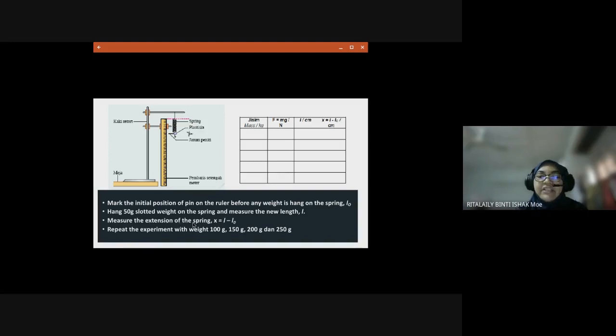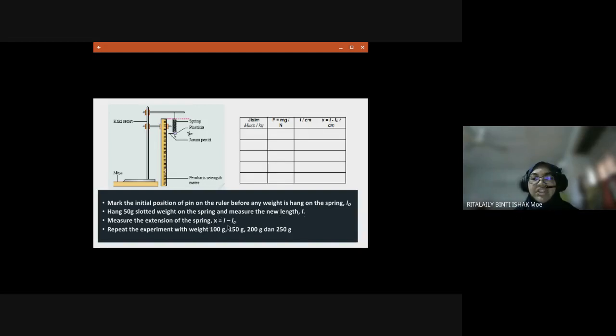As you can see for the procedure, ikut susunan lah. When you have a measurement, you have to put a symbol. So L naught is the initial length, L is the new length, and you have to show how we get the extension.